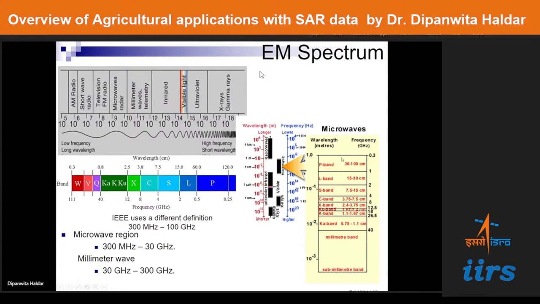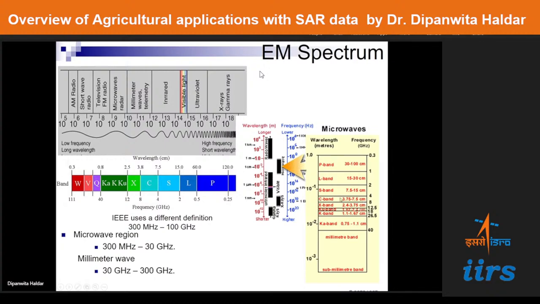On the right-hand side of the slide, again, you can see the different wavelengths. In today's context, C band is very widely used for agricultural applications. It has a wavelength of around 5 centimeters; the mean is around 5 centimeters. The entire range is from 3.5 to 7.5 roughly.